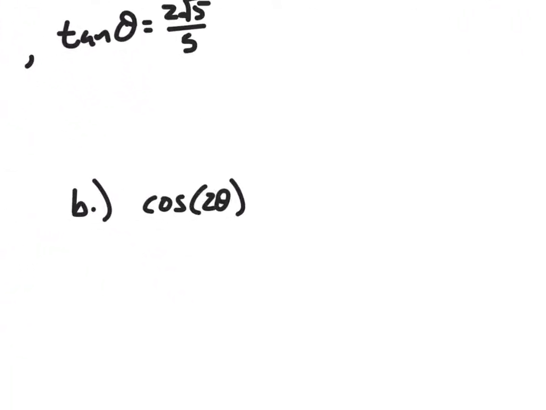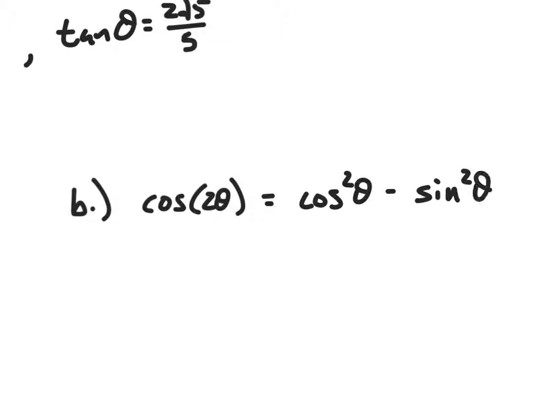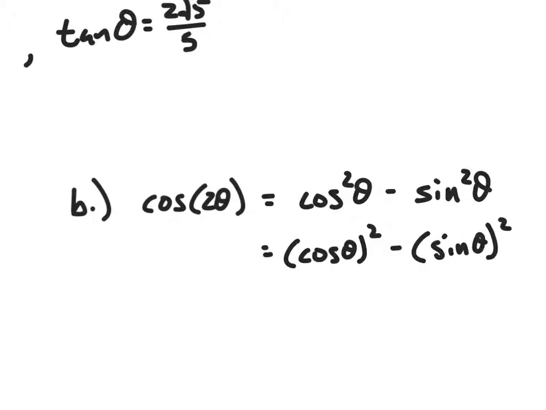So let's write that in here, that I've got cosine squared theta minus sine squared theta. Okay, and I'm going to rewrite this. I often get confused about cosine squared theta, so let's do cosine of theta, that quantity squared, minus the quantity sine of theta, that quantity squared.